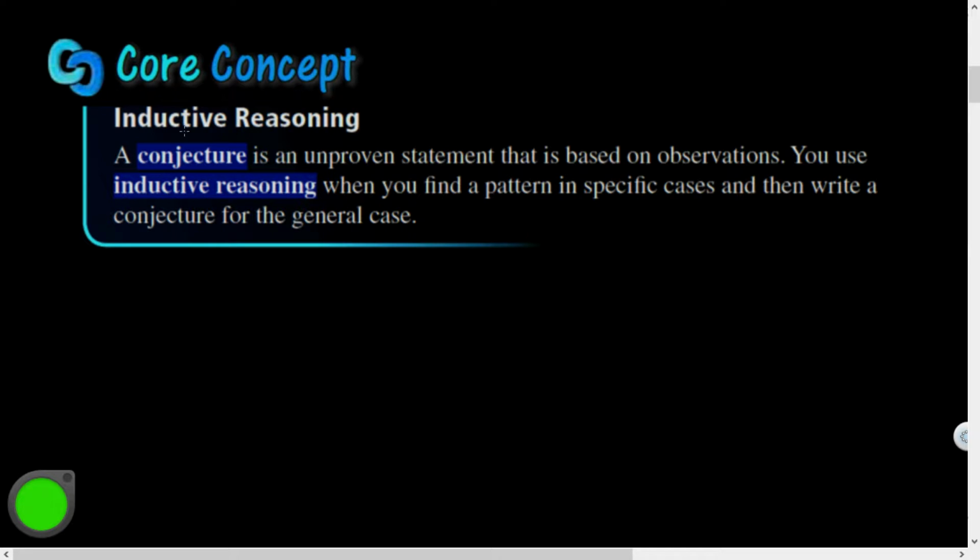Here, inductive reasoning. A conjecture is an unproven statement that is based on observations. So these would be trends, patterns, things like that. You use inductive reasoning when you find a pattern in a specific case and then write a conjecture for the general case.